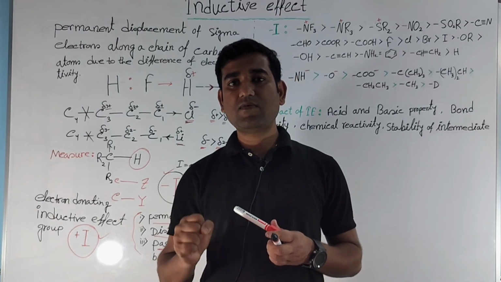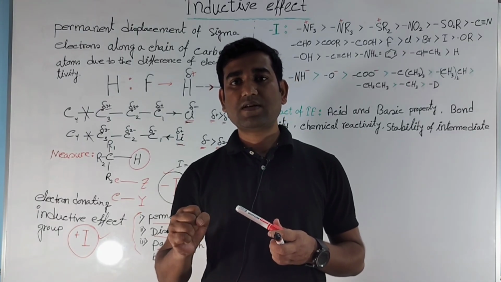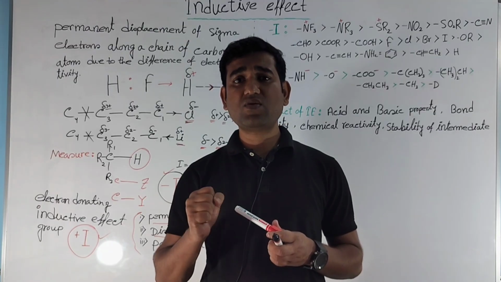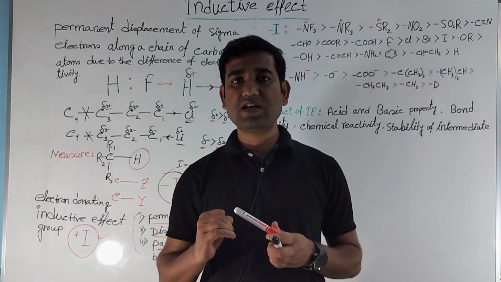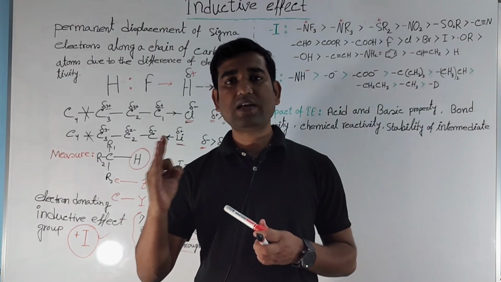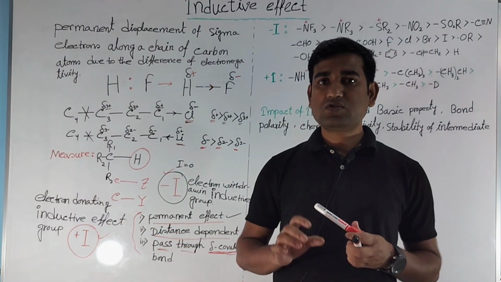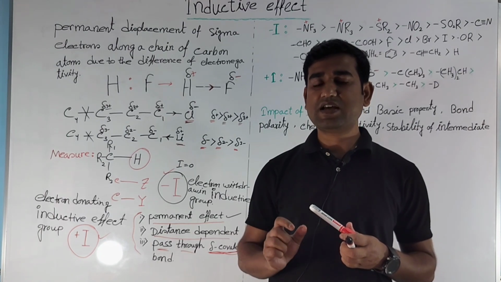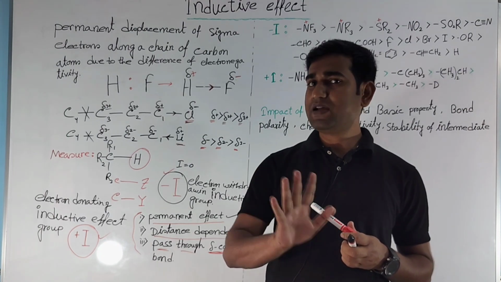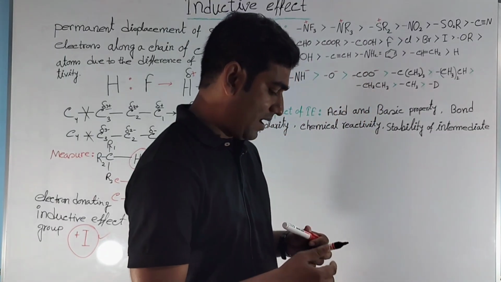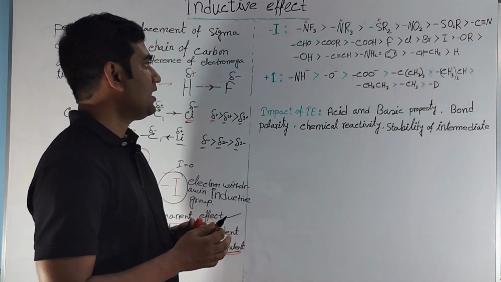If any atom or group replaces hydrogen and its electron withdrawing power is less than hydrogen, this is called the electron donating inductive group, the plus I group. So two types of inductive effect exist, plus I effect and minus I effect.